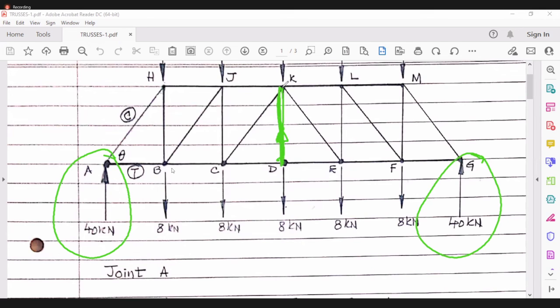and its magnitude is 8 kilonewton. You cannot say anything about CD or DE. Both may be in tension or both may be in compression, we do not know.